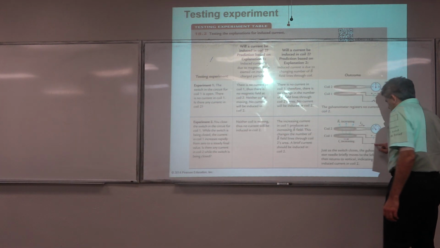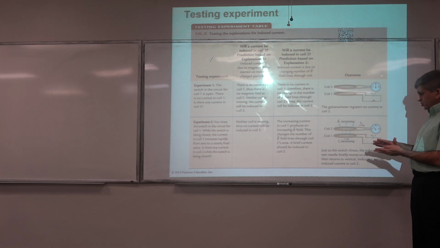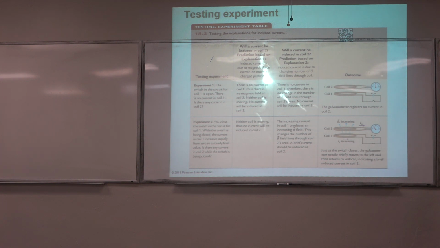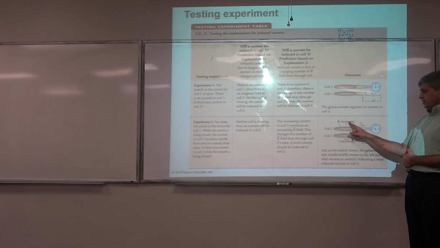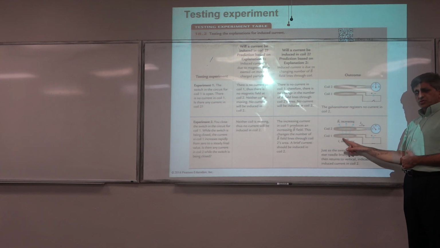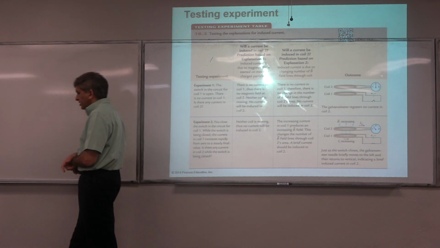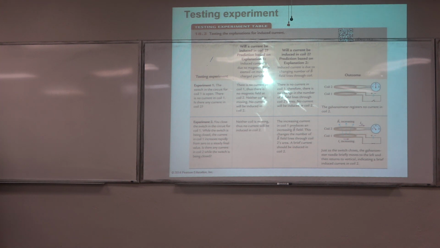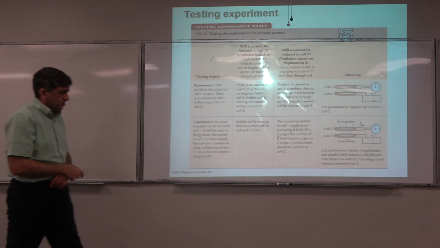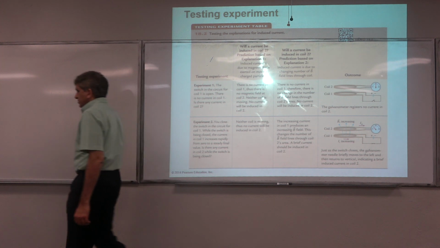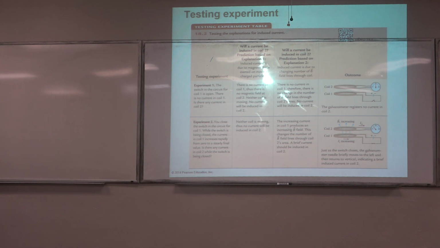The moment I close the switch, the charge starts flowing and the current increases. As the current increases through the coil, a magnetic field is produced around this coil, and those magnetic field lines increase through the second coil, which is connected to the galvanometer, and you see the current is induced in that second coil, the top coil. That is what happened when I closed the switch.